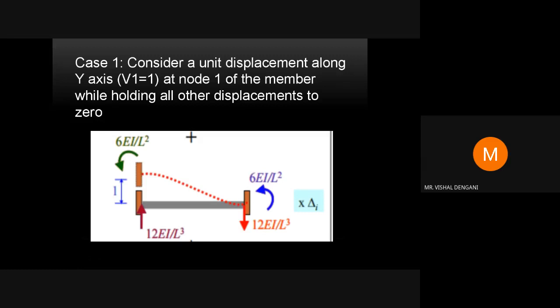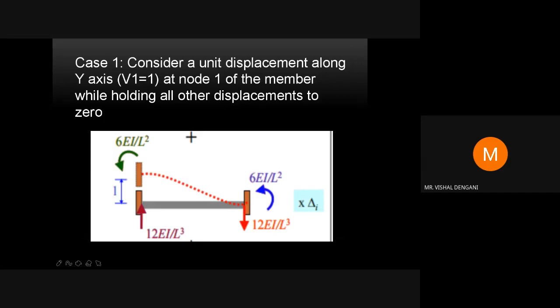What is your node 1? Left node. And right node is your node 2. So first we will give the displacement along y-axis. V1 is equal to 1 at node 1 of the member, while holding all other displacements to 0.